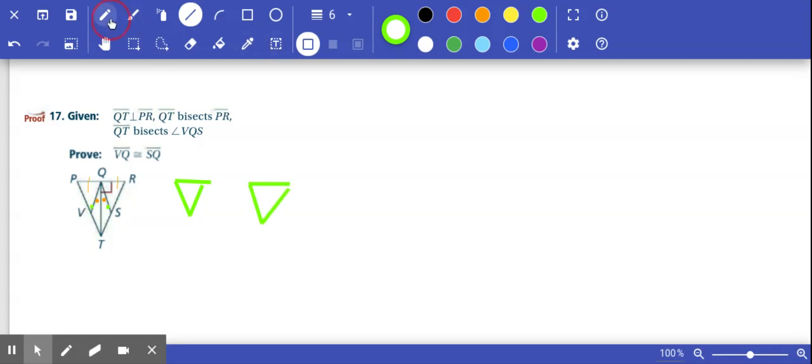All right, so that's helpful, but it doesn't tell us what exactly is going on. So if I labeled that, that would be P, Q, and this is R, and this is Q, and this is V. Put a little line for Q, and this is S.